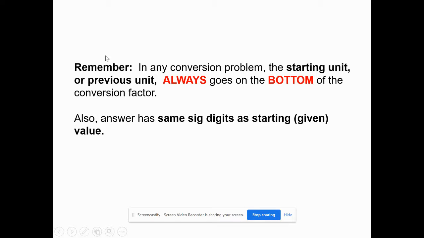So in any conversion problem, and we've done these several times throughout the year, the starting unit or previous unit always goes on the bottom of the conversion factor. And while I'm not going to be picky about this, your answer should have the same sig digits as the starting value, the one that I gave you.